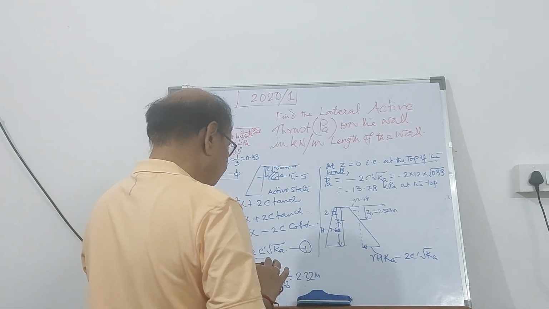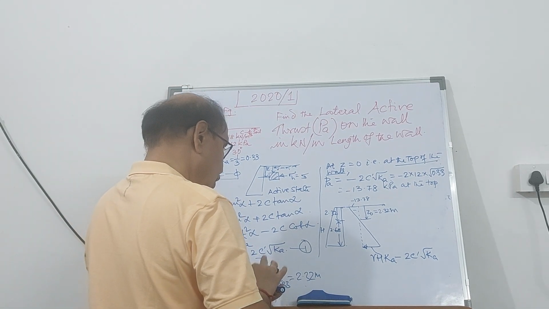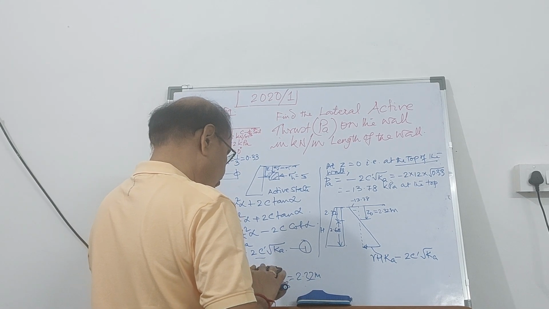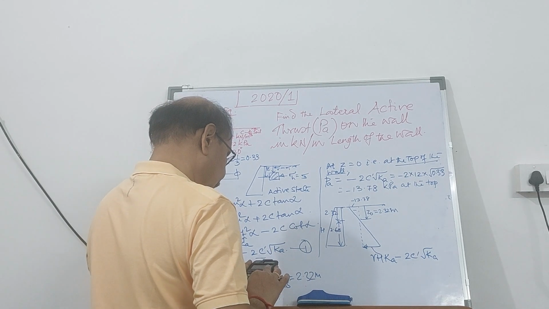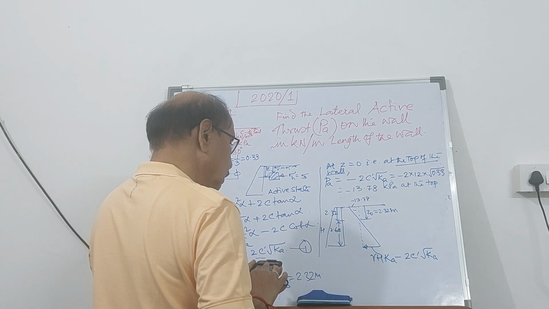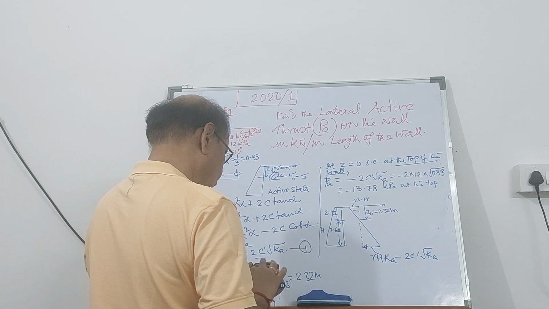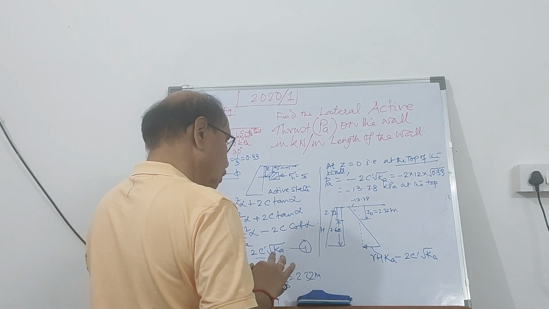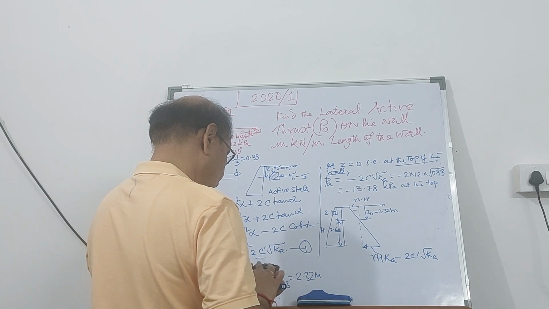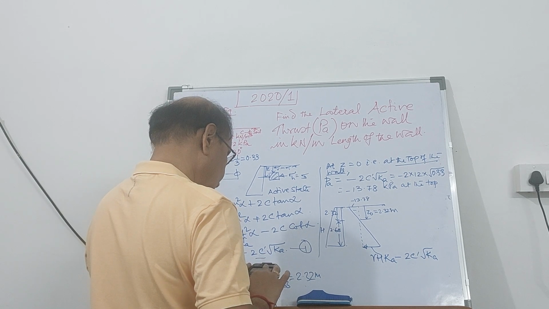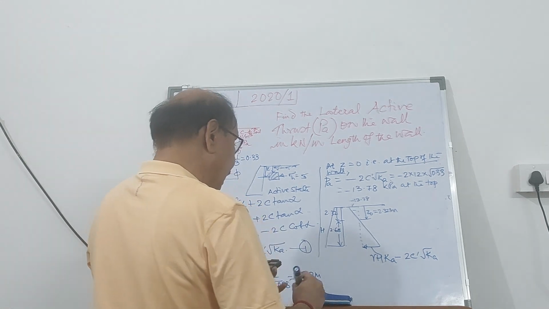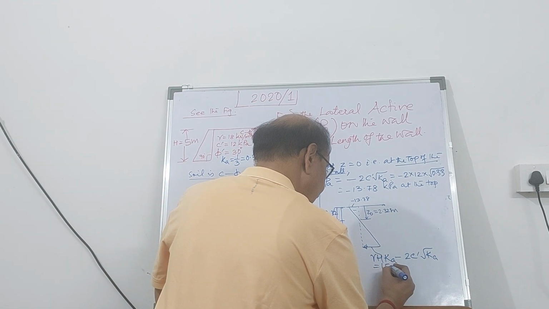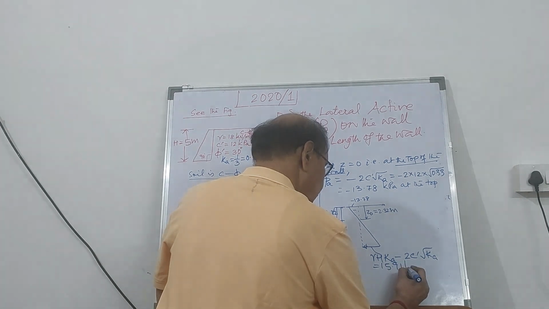We know all the values, 18 into H is 5 meter into 0.33, and so on. It comes to 15.91. So this pressure is 15.91 kilopascal.